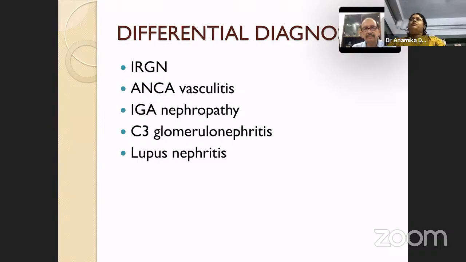She came with the chief complaint of sudden onset swelling of her bilateral lower limbs and facial puffiness, along with decreased urine output over the last 3 days, which was following an injury to her left ankle, for which she had undergone treatment elsewhere. She did not have any fever or hematuria along with the current presentation.